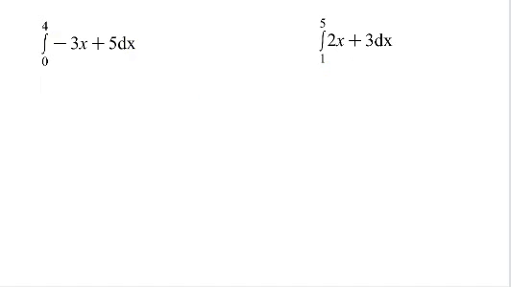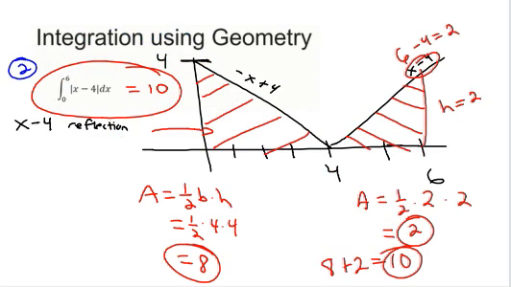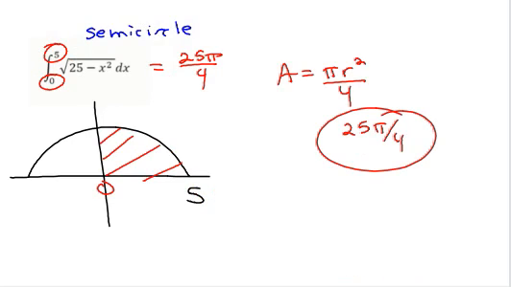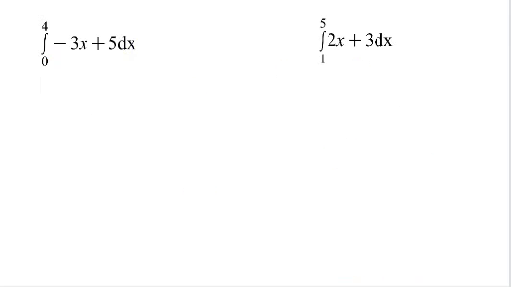Now these last two problems both have a couple of wrinkles that I want to go over with you. That was example 3. So this is example 4 and example 5.